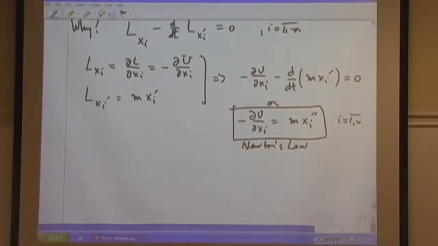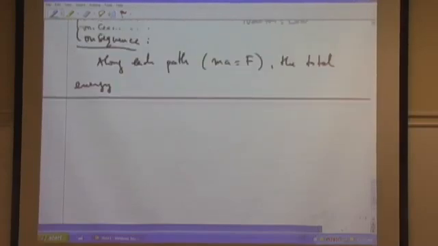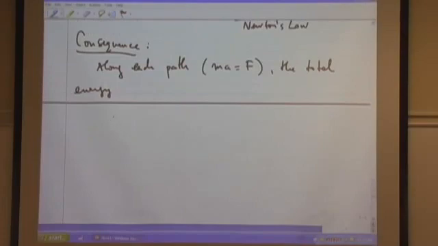The consequence of this fact is that along each path satisfying Newton's law of motion, the total energy, and I'm going to define what that is, is conserved.